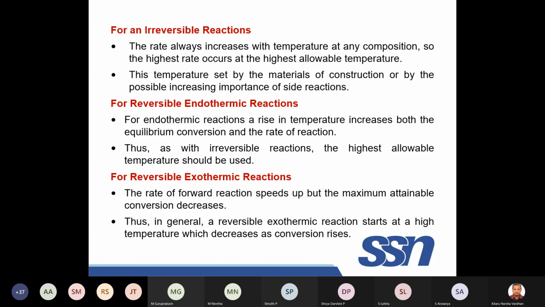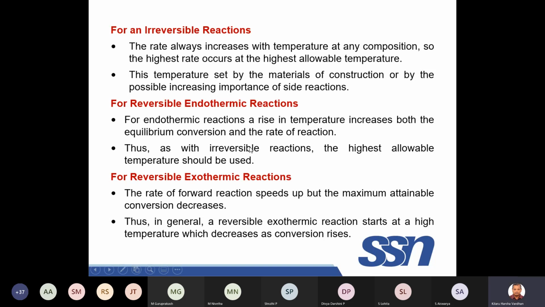Again, we'll repeat. For irreversible reactions, the rate always increases with the temperature at any composition. So the highest rate occurs at the highest allowable temperature. This temperature is set by the materials of construction or by the possible increasing importance of the side reactions. For a reversible endothermic process, a rise in temperature increases both the equilibrium conversion and the rate of the reaction.